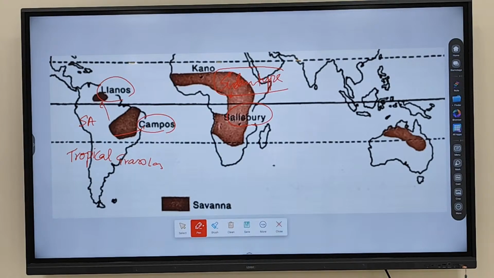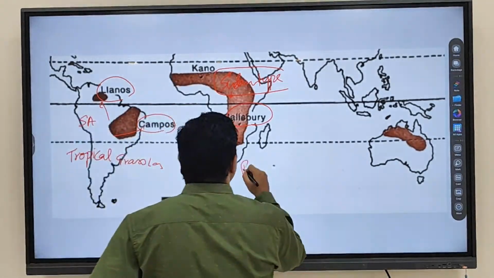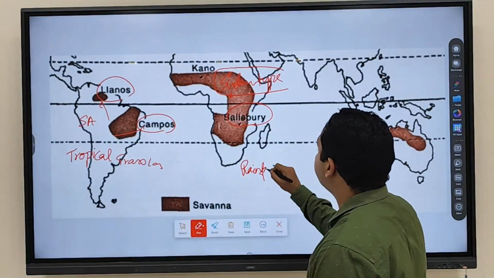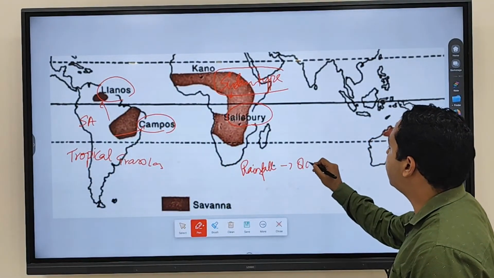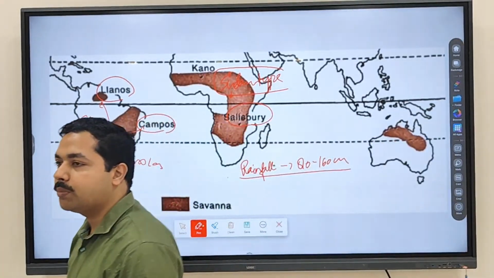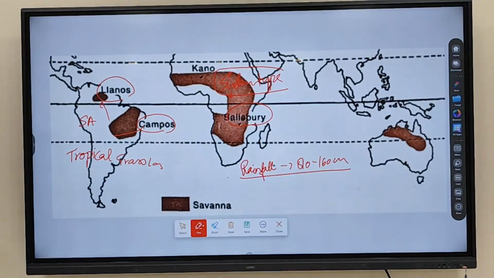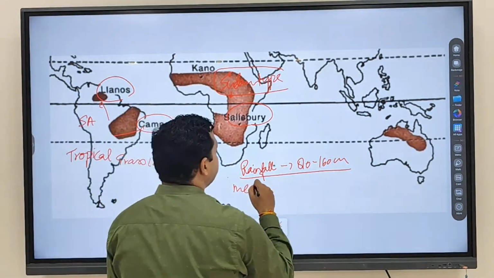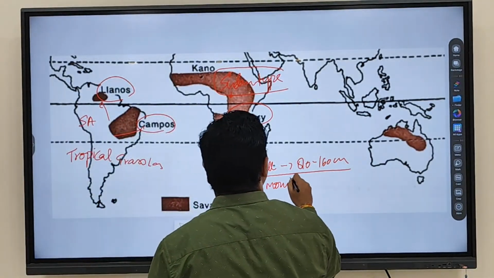So rainfall in this type of region will be moderate, around 80 to 160 centimeters. Rainfall is not very much. Rainfall is moderate, but mean monthly temperature is generally greater than 18 degrees Celsius.